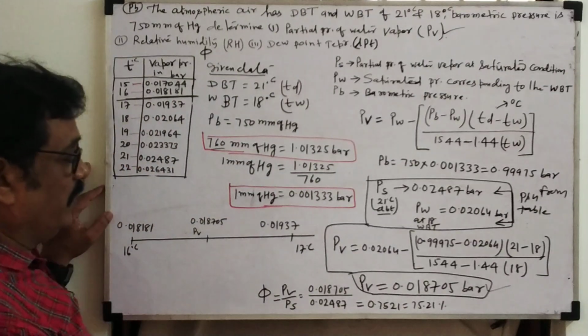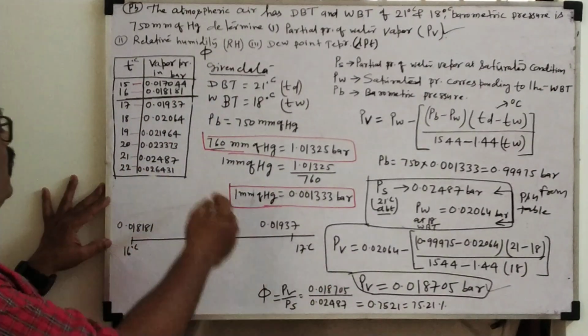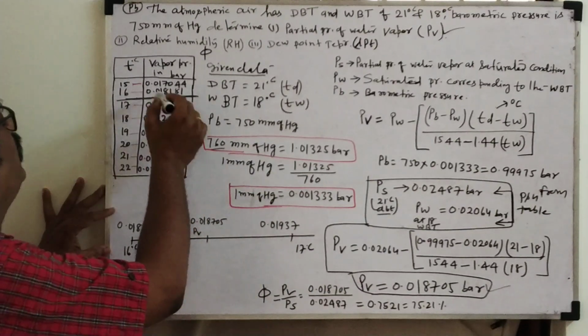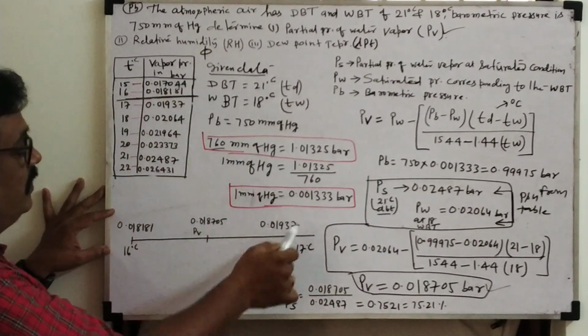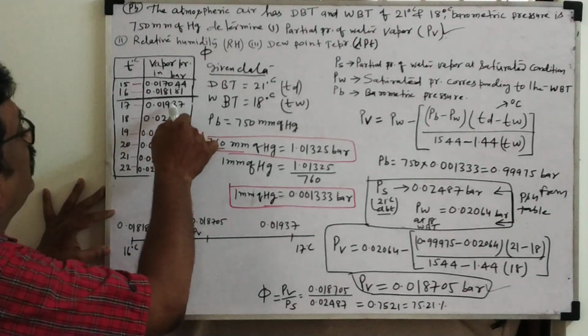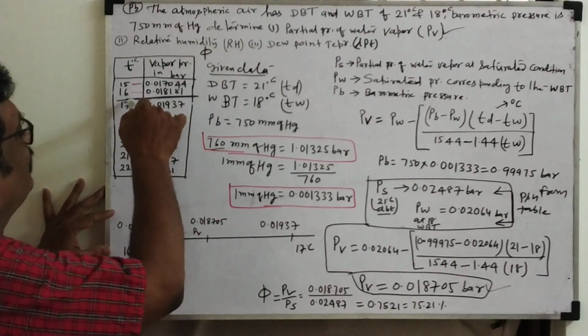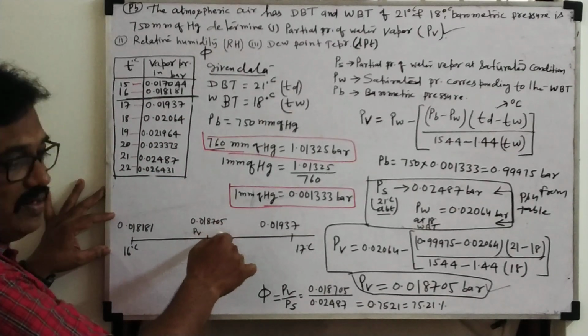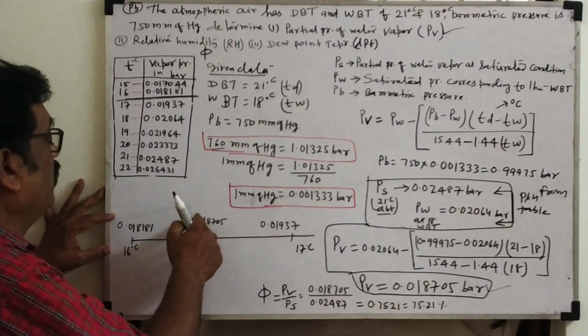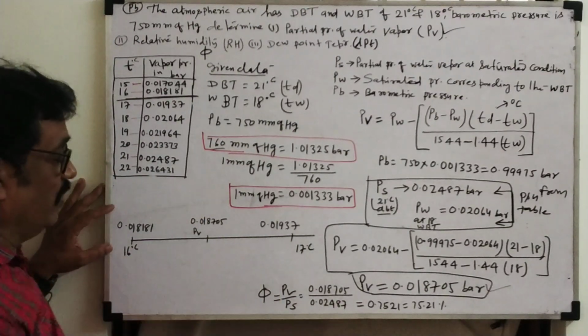So the partial pressure of water vapor we check in the table to see where it belongs. See here 187, here 181, here 193. So the corresponding temperature will be in between 16 and 17.